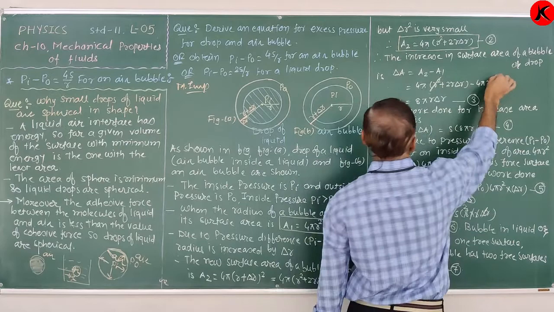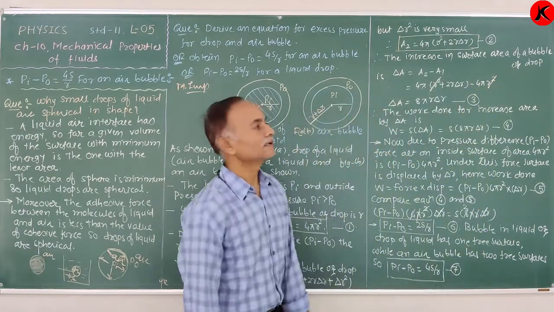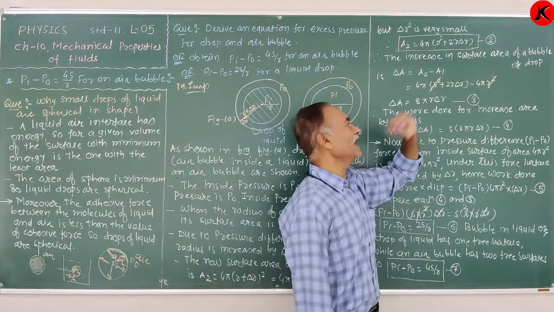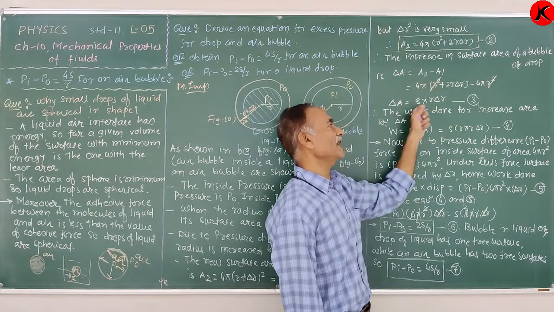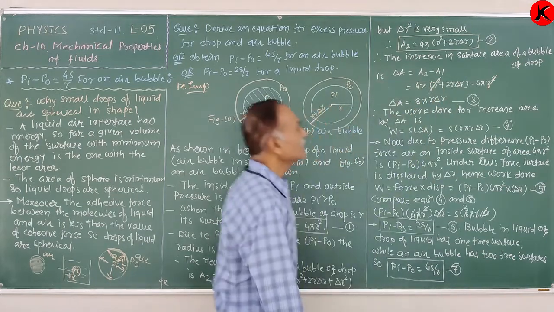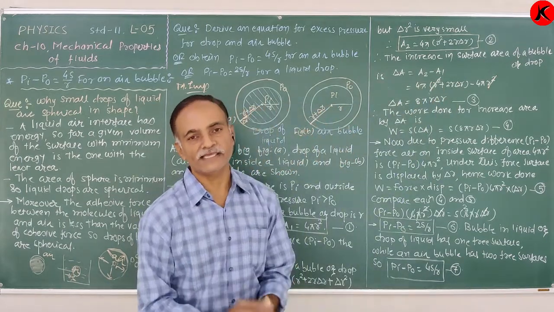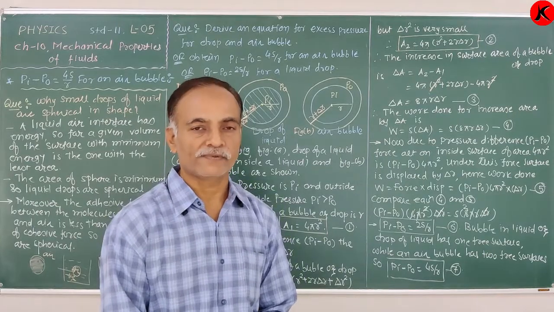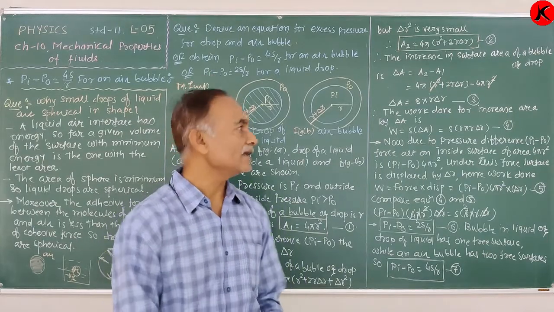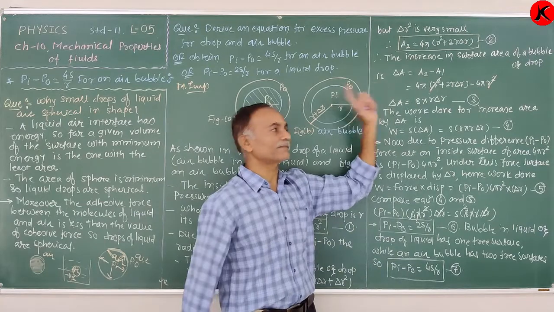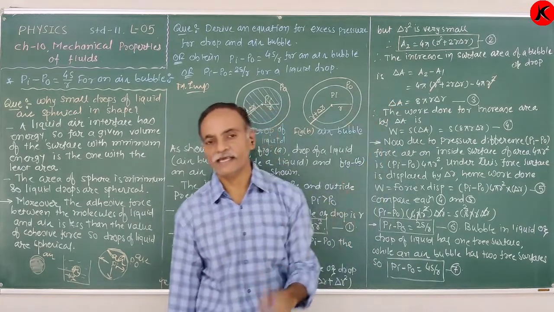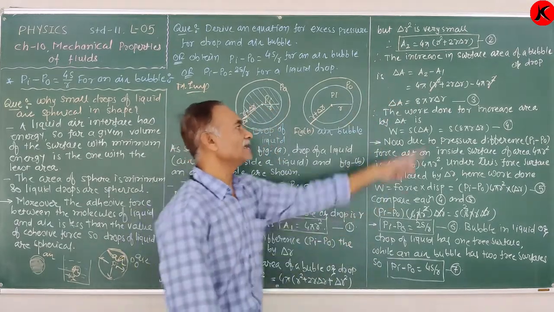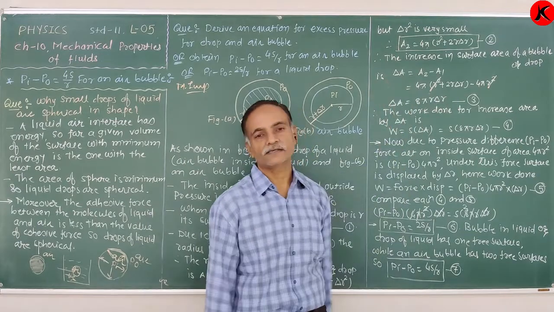Therefore, remaining is 4 pi into 2R delta R, that is 8 pi R delta R. This is the increase in area due to the pressure difference: delta A is equal to 8 pi R delta R.